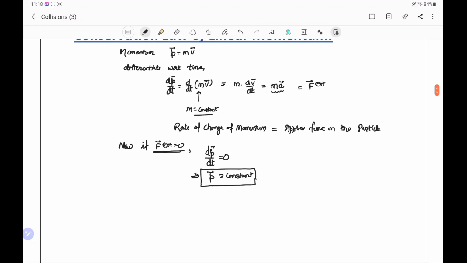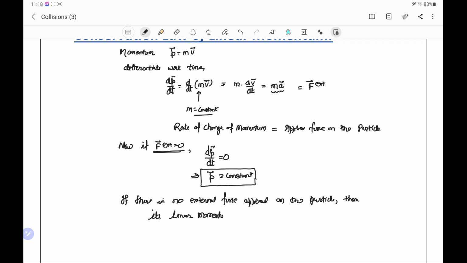It says that if there is no external force applied on the particle or the system, then its linear momentum will remain conserved.